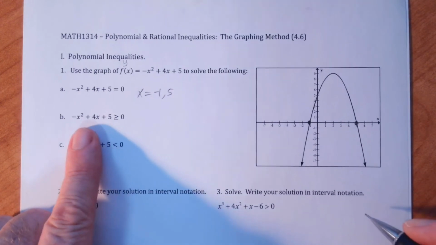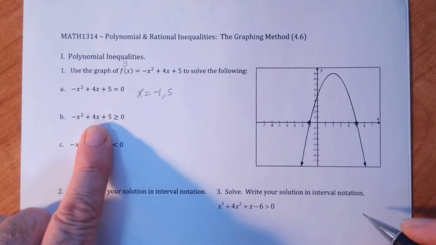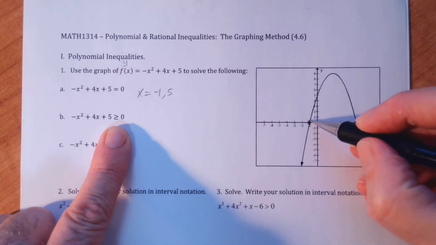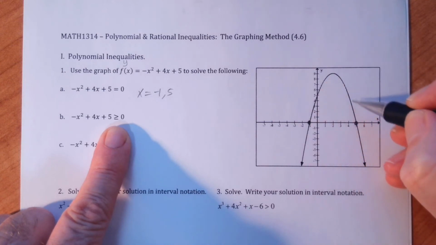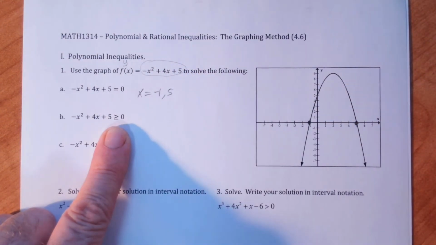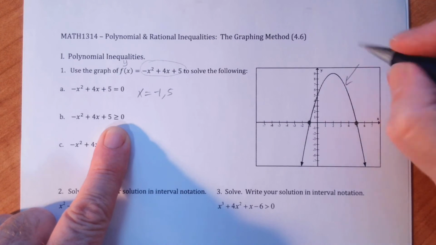Now I want to know when minus x squared plus 4x plus 5 is greater or equal to 0. Well, notice here's where the y values are greater than 0, or basically where minus x squared plus 4x plus 5 is greater or equal to 0.